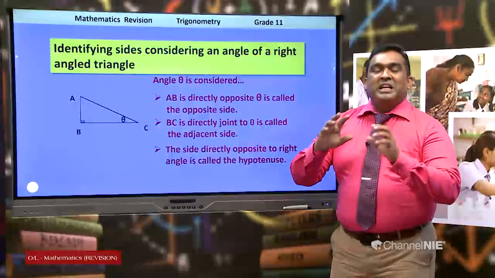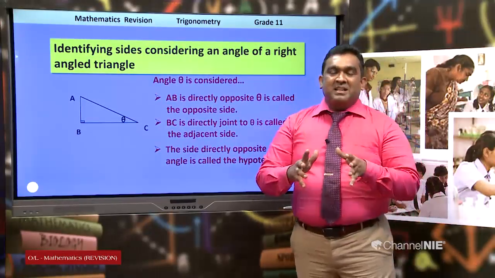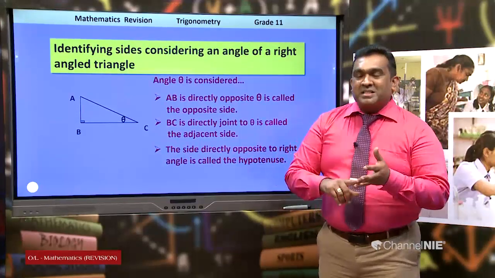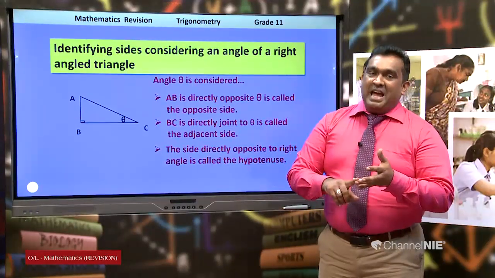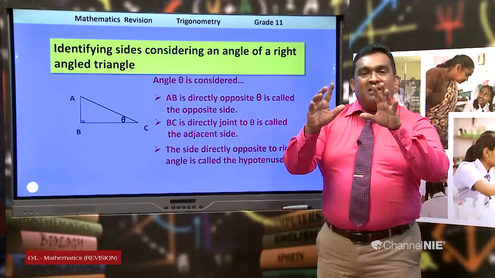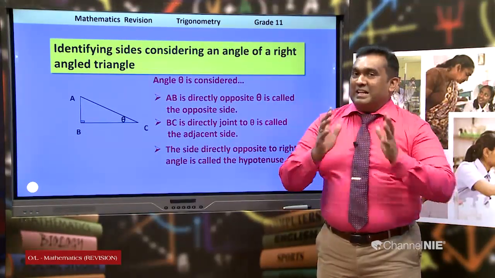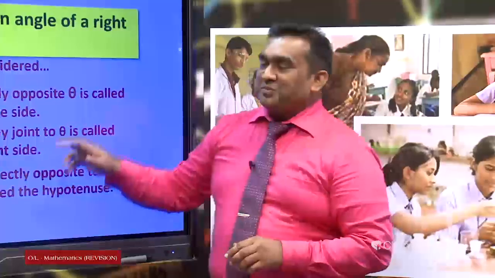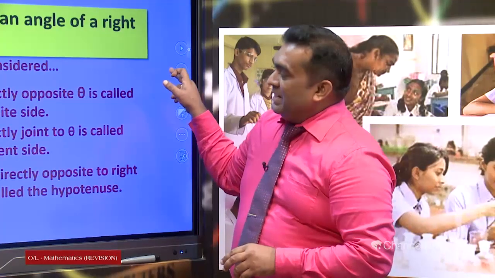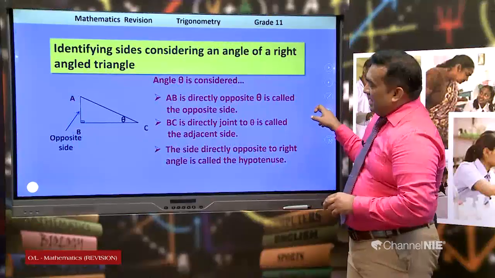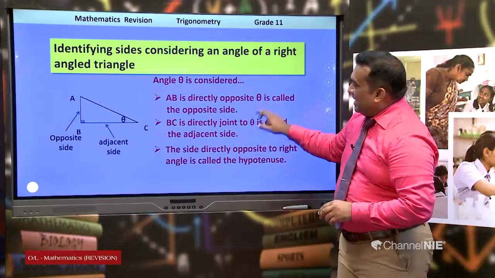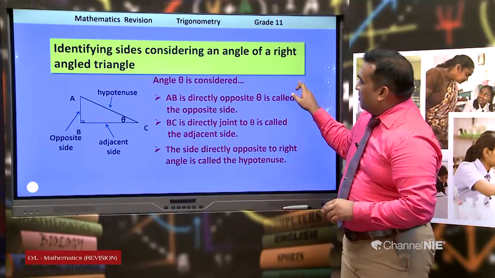There are three types of sides according to the angle theta: opposite side, adjacent side, and hypotenuse. Now we are going to make a relation between these sides. We will see how to do it.